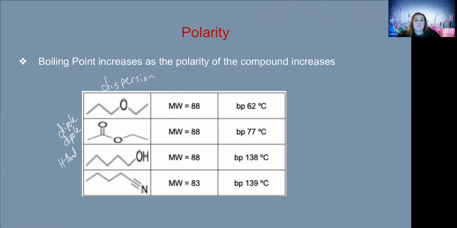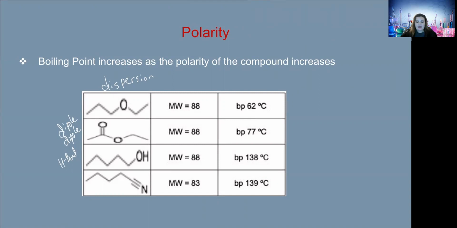If you remember from the boiling point lectures when we took organic chemistry 1, dispersion's like the worst force to have because it's in everything. Dipole-dipole is better than dispersion, which makes sense because the boiling point of this compound is higher than that compound. And same thing here, we have the hydrogen bonding going on, so that's substantially higher. So when we talk about polarity, feel free to use intermolecular forces to help you explain it to yourself a little bit better.